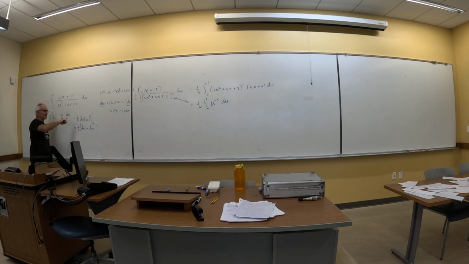You can't ever change the variable back in a definite integral, and you can't change the limits once you state the limits. So the moment I got to here, it's a disaster. So I got to fix it here. I can't fix it here because now I'm putting an equal sign between completely different numerical values. So it was always here. Now, whatever limits I get here, am I going to get?